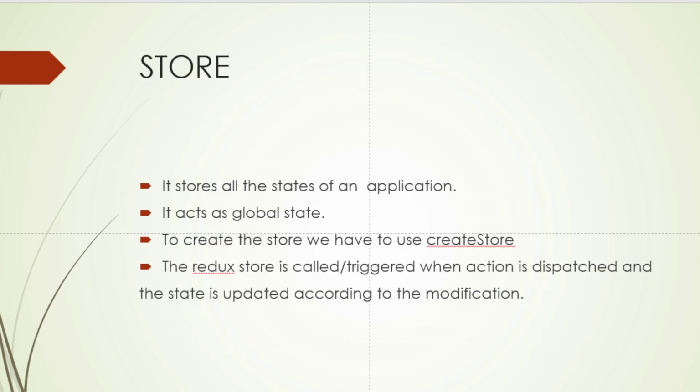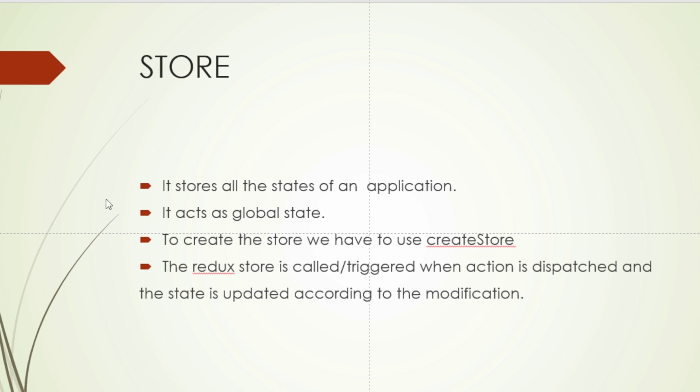So what will the store be doing? It stores all the modifications done in the reducer in the state, and that state acts as a global state. Based on the dispatched action, the modifications will be stored in the state. So the store plays the major role.